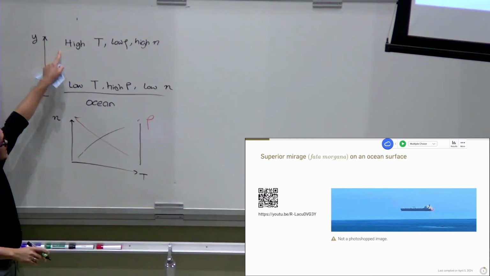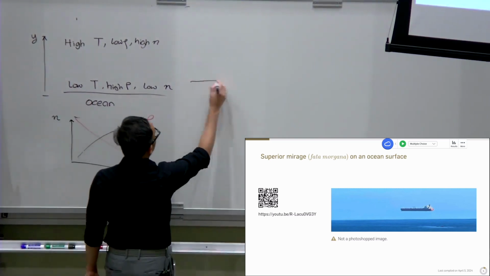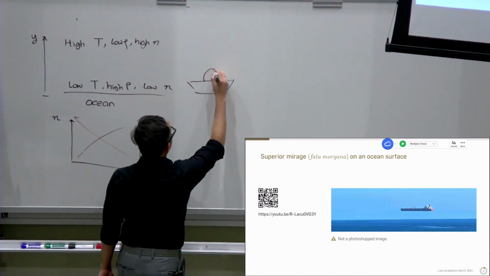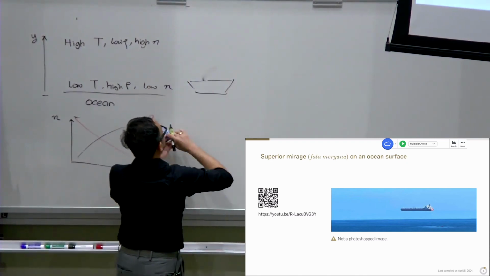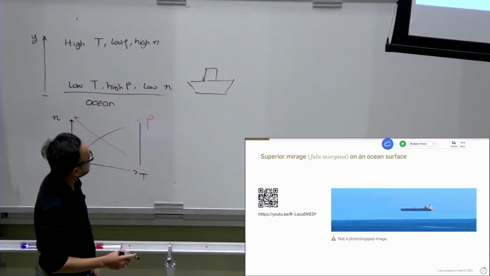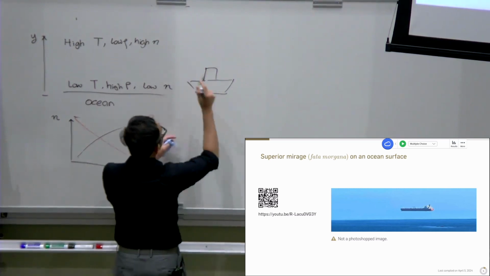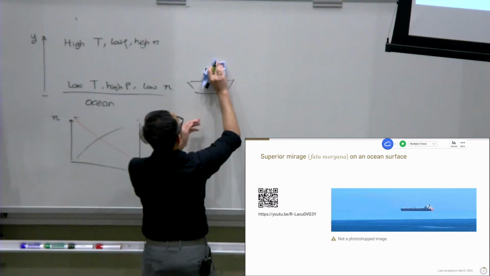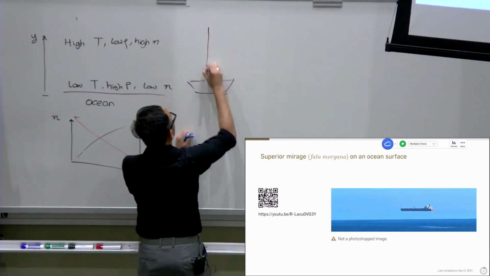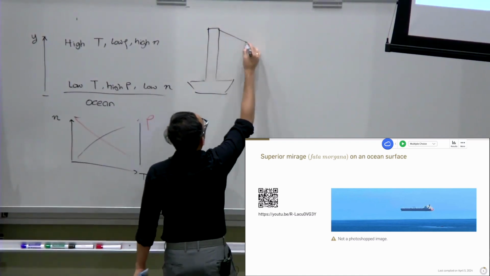Because there is a change of refractive index, if this is the boat, I have to draw a boat. The boat is actually big, so to make the boat big, I'm just going to do this. It goes through several layers.